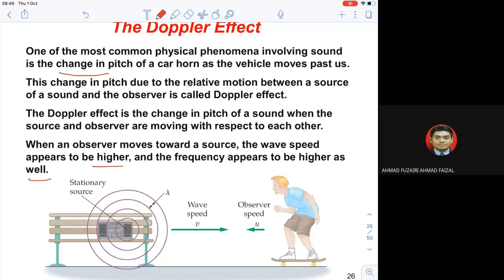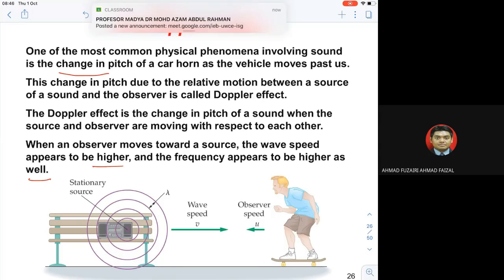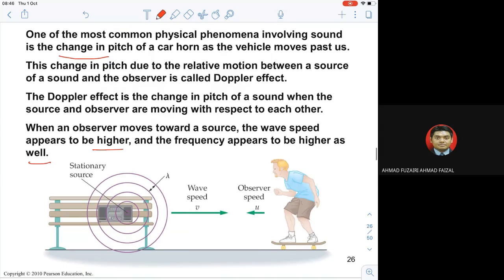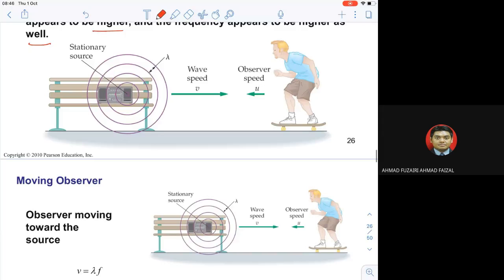So if you are in the pathway of the ambulance, you should avoid the pathway, because you know that the ambulance is getting nearer to you. This is all due to the Doppler effect. So that's how you can adjust.